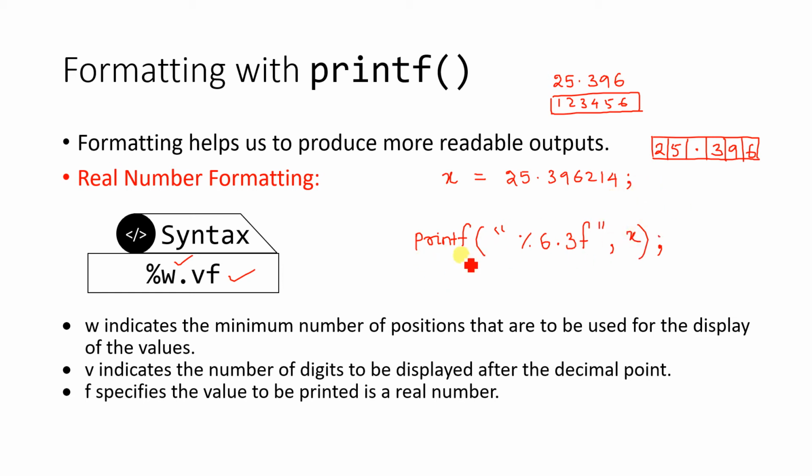Now I am going to take some examples and explain the different situations that arise if you use different numbers in place of W and V. For example, in this example, instead of 6.3, suppose someone writes 1.2. What does it mean? One box or one place will be allocated, out of which 2 decimal places need to be used for displaying 3 and 9. But is it possible?